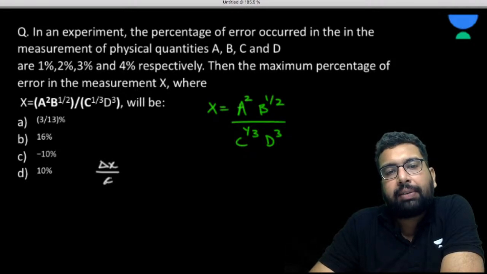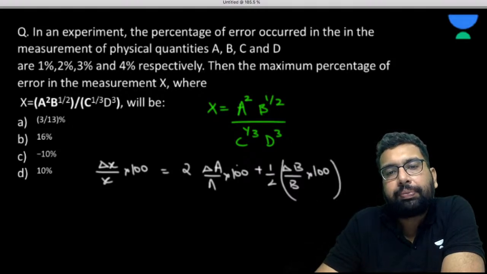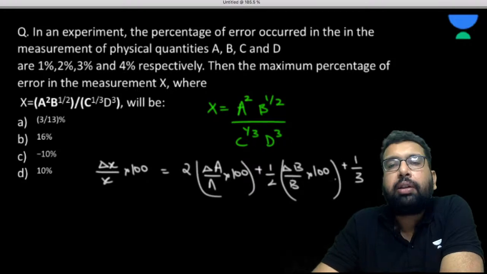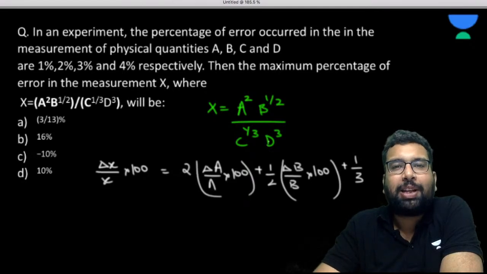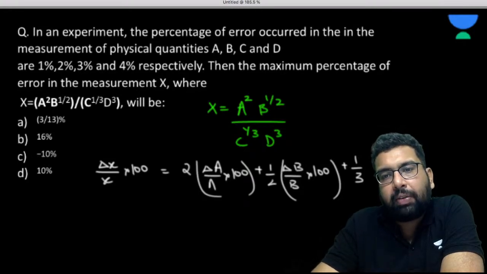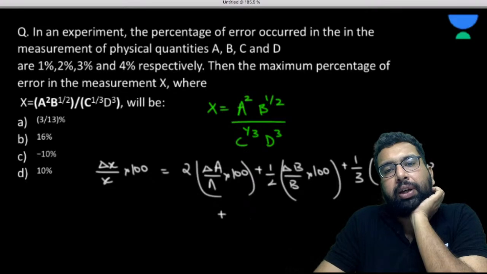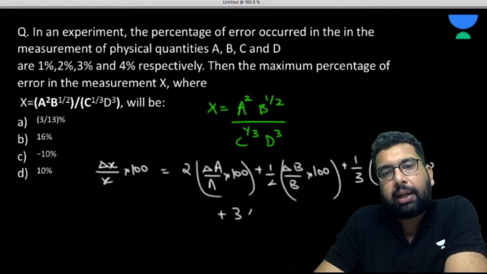So delta x by x into 100, and I'll right away write the percent because they are asking for the percentage error, is equal to 2 times delta a by a into 100, plus 1 by 2 delta b by b into 100, plus 1 by 3 delta c by c into 100. Since C is in division we might think of subtracting, but there is nothing like that; you have to do plus only, and follow the same way.